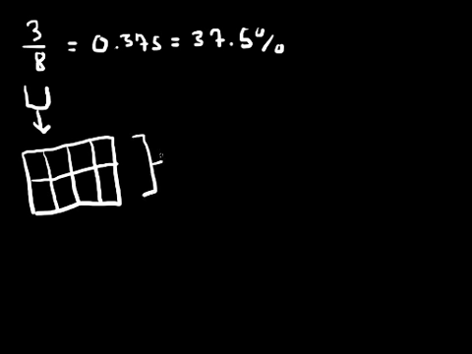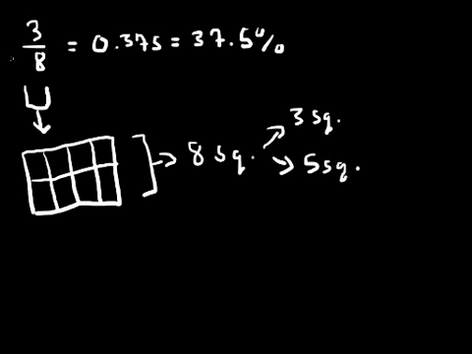So here's what we're saying. We got 8 squares, 3 of which are colored, and what does that leave? 5 squares uncolored. Let me draw that in different colors to make it easier to see. So that's the best way, I think, of imagining what a fraction really is.